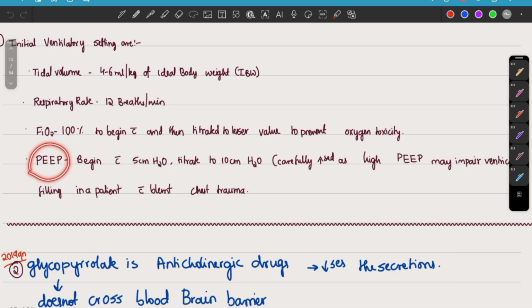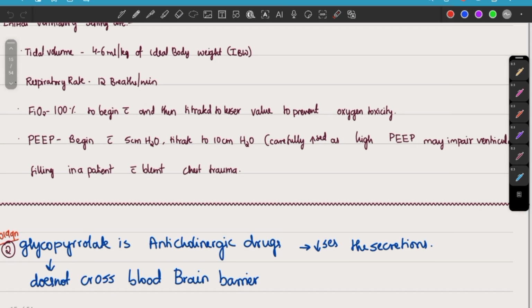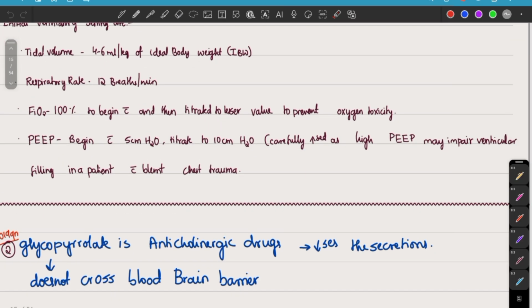Whereas PEEP begins at 5 centimeter of water, titrated up to 10 centimeter of water, carefully increased, as high PEEP may impair ventricular filling in a patient with blunt chest trauma. So we will not increase it suddenly, slowly we will increase.